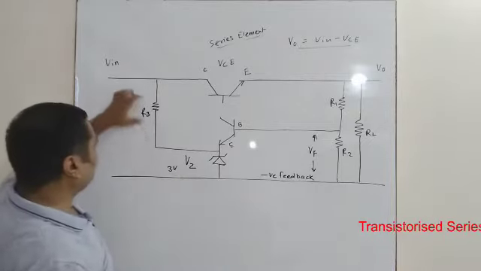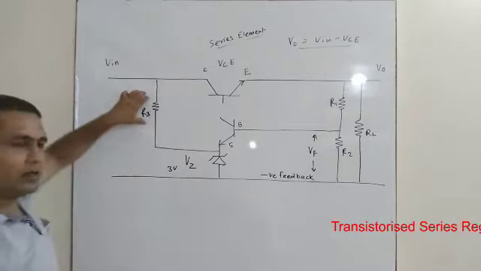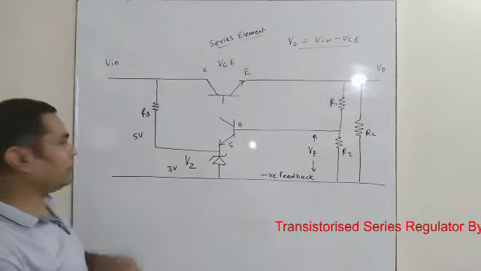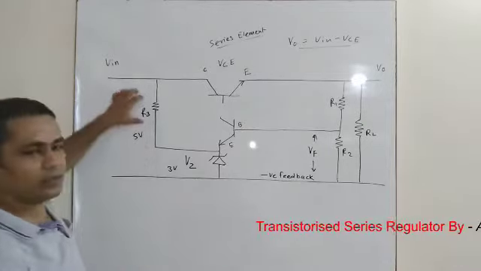That is why we have selected a resistor so that it will at least give 5 volt and the remaining voltage will be dropped here. So that resistor can be designed and calculated and applied here to keep this Zener diode in the breakdown region.